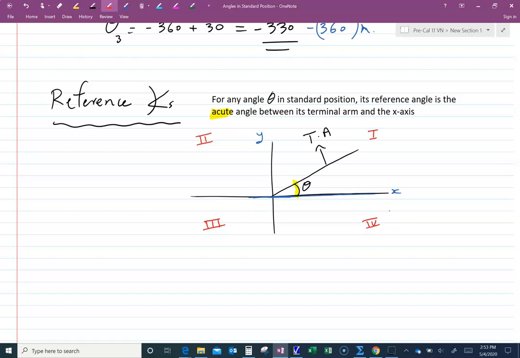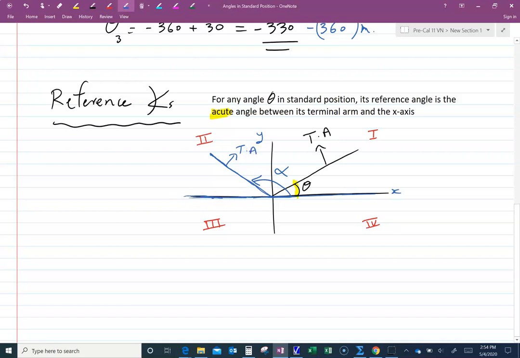All right, so what is another example? Well, what if we have an angle that is here, and the standard position angle is that? Let's call that alpha. According to the definition, the angle between the terminal arm, so this is our terminal arm, the TA, and the x-axis, so that's your x-axis.